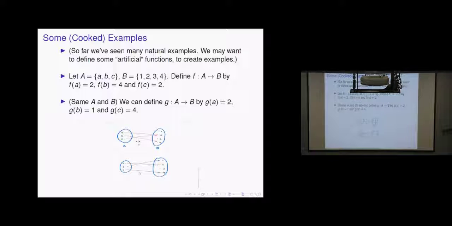We associate A to 2, right? B to 4, C to 2. As long as it's single value, as long as you don't shoot two arrows from the same point, you are a function, right? So for example, this is an example function. This is another example. Right?